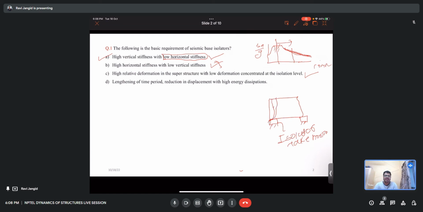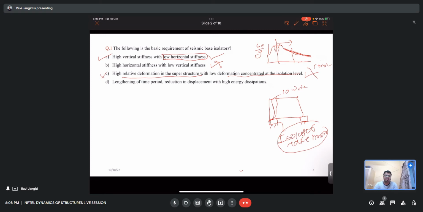So the high relative deformation in the superstructure option is wrong, because the relative deformation in the isolator is higher than in the superstructure. And the same for low deformation concentrated in the isolator: no, because there is high deformation in the isolator and low deformation in the superstructure. So this option is also incorrect.